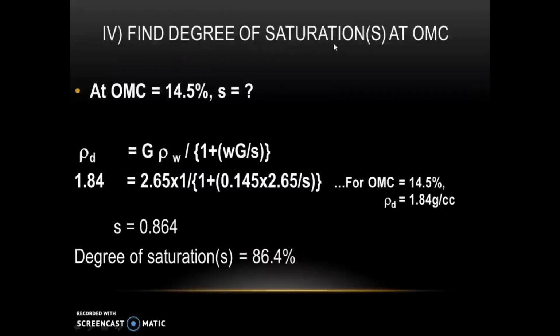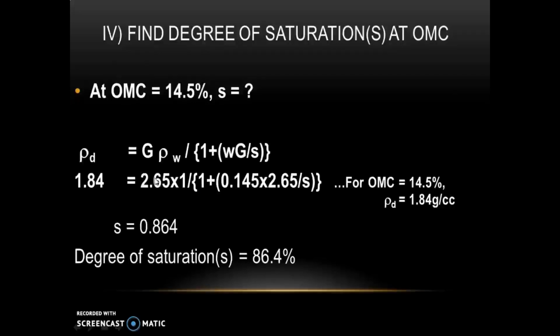Now we need to find the degree of saturation S at OMC. OMC value is 14.5. So for this value of OMC, we need to find out what is the value of S. We will consider again the same equation, that is dry density is equal to G into rho W divided by 1 plus WG divided by S. Dry density value is 1.84, which is the value of dry density corresponding to OMC 14.5.